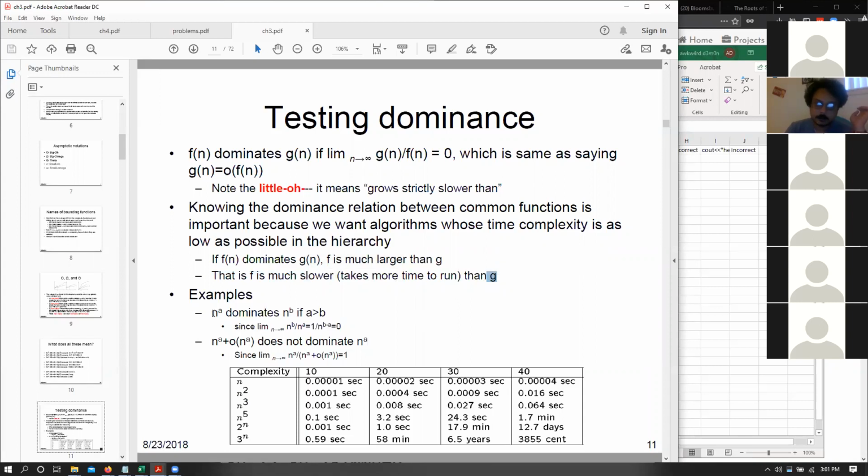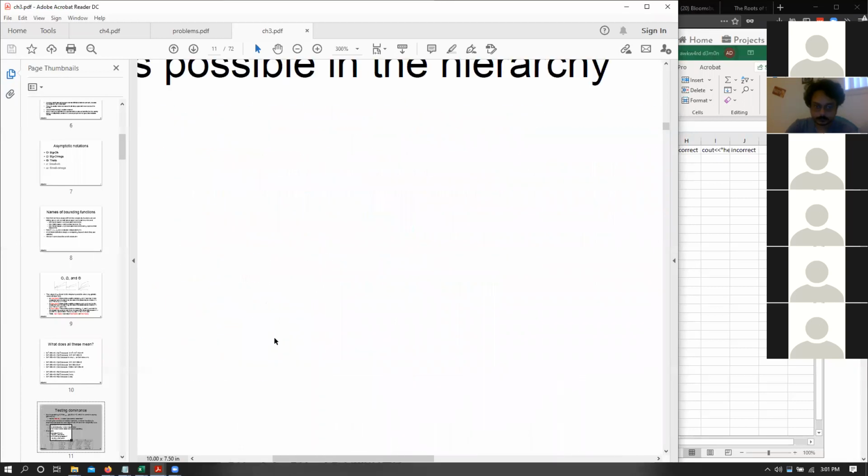So an example would be, we have, let's say, two equations, n to the power of A and n to the power of B. If we know that A is much larger than B, then as n tends to infinity, we have this limit, right?